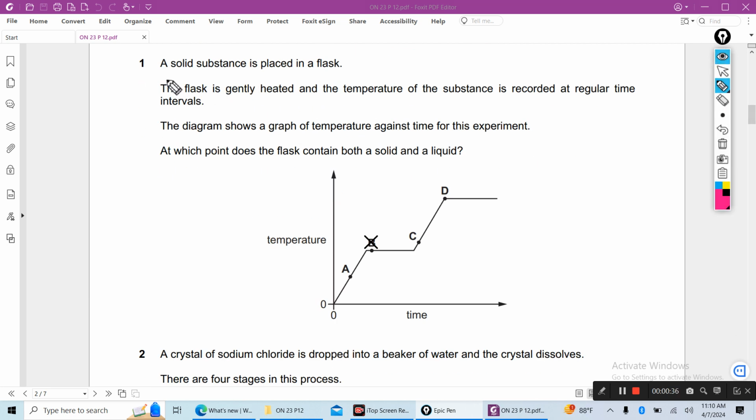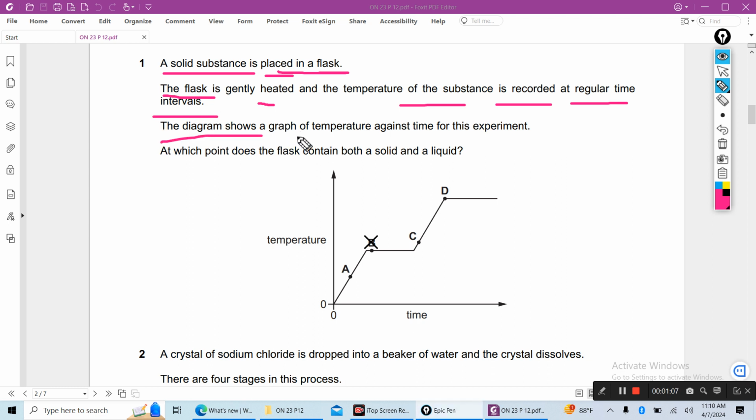Number 1. A solid substance is placed in a flask. The flask is gently heated and the temperature of the substance is recorded at regular time intervals. Regular time intervals means after a certain time, say after 5 minutes or after 2 minutes.